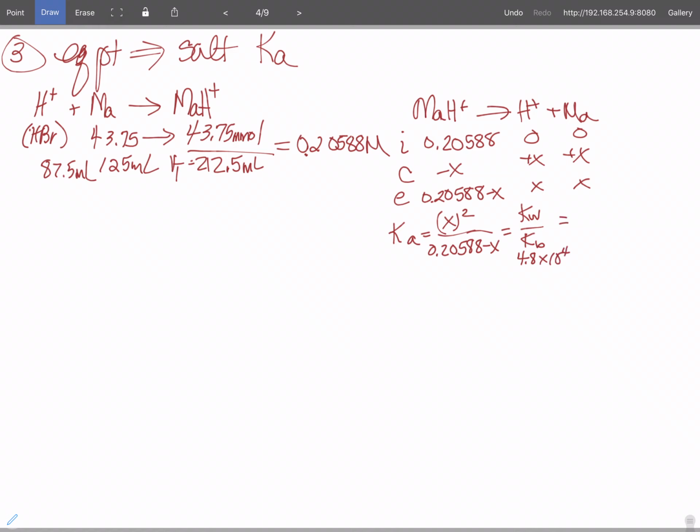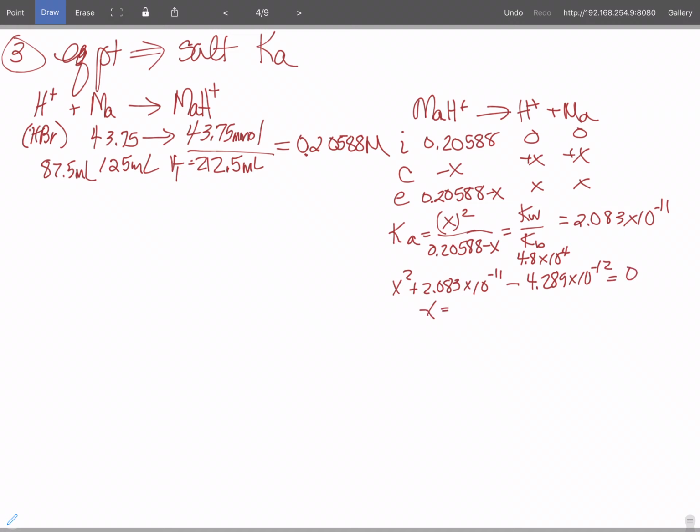So our Ka value comes out equal to 2.083 times 10 to the minus 11th. So we end up with x squared plus 2.083 times 10 to the minus 11th x minus 4.289 times 10 to the minus 12th is equal to 0.